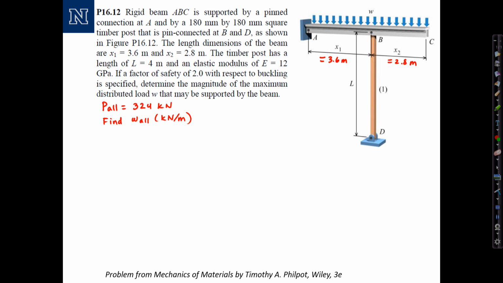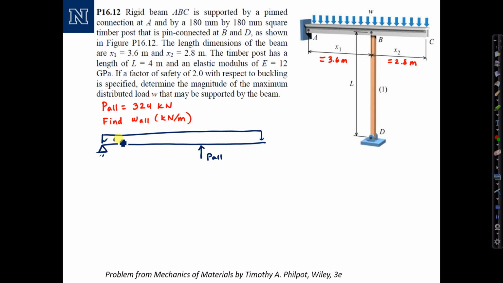Okay, so going to a new screen, we know the allowable load is 324 kilonewtons. Now we want to find the allowable W, distributed load, over the top. So as mentioned earlier, I'm going to do a free body diagram of this member. I know that my reaction, P allowable, is going to be transferred to the beam right at that location.